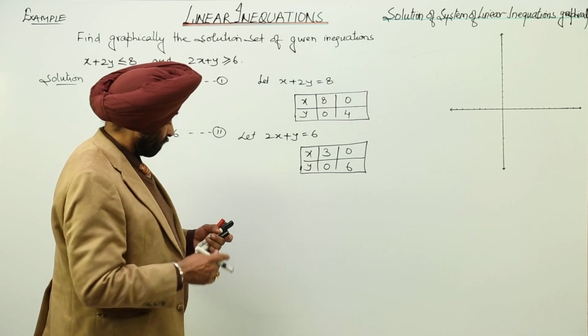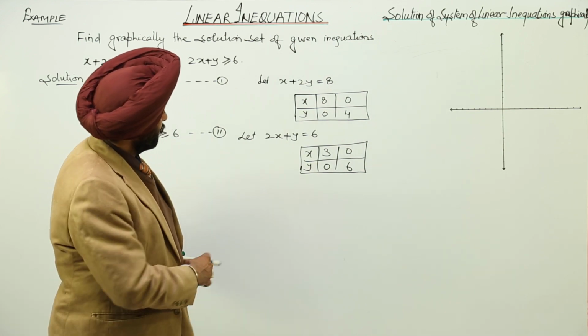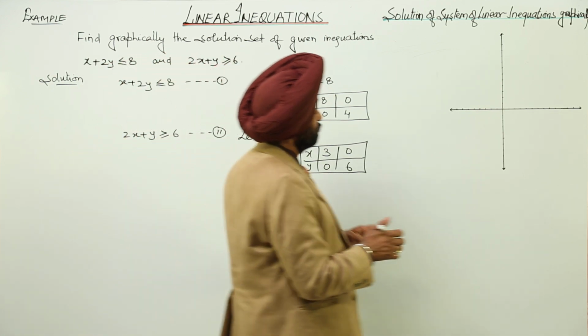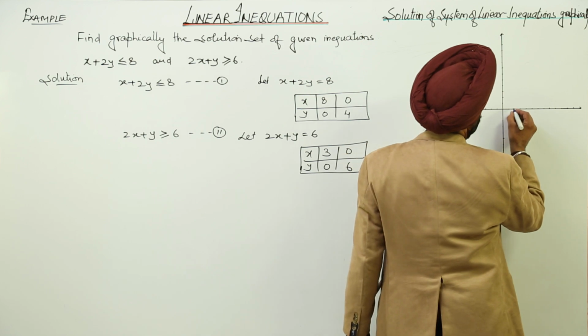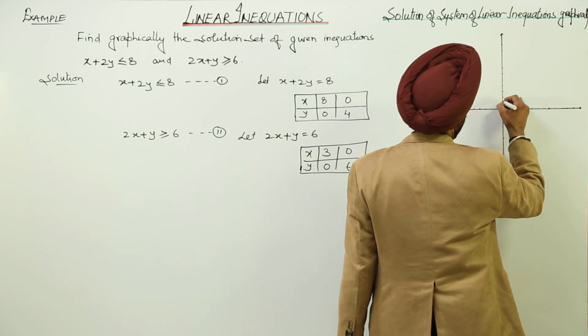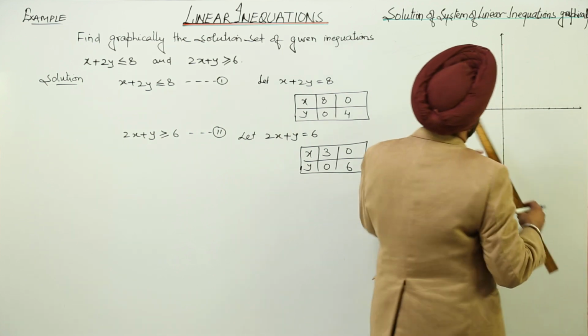Now we are having the first equation, points 8 comma 0. Now 1 2 3 4 5 6 7 8. So this is one point, and another point is 0 comma 4. 1 2 3 4. So this is the other point. Okay.